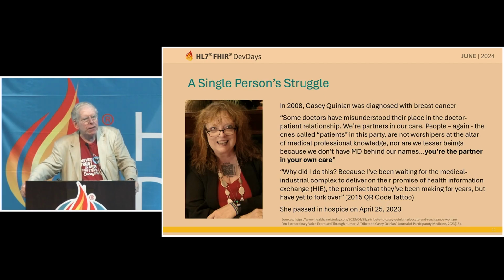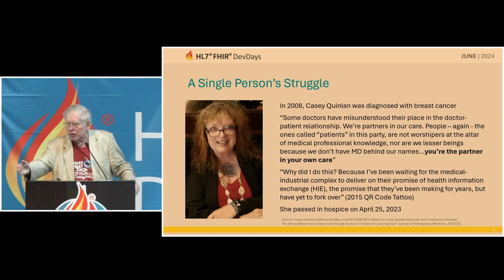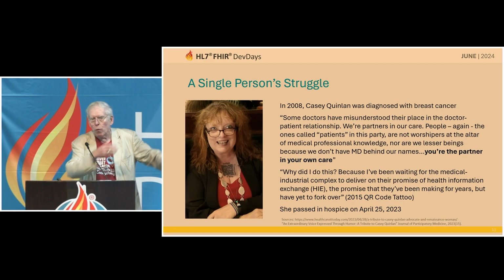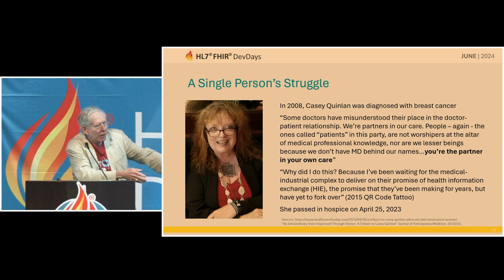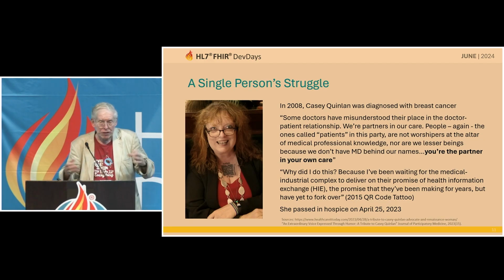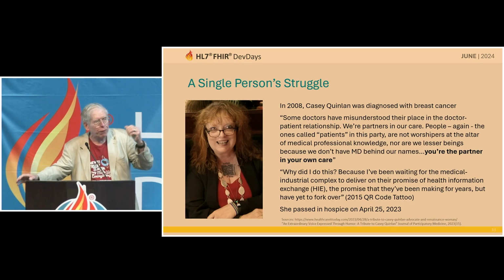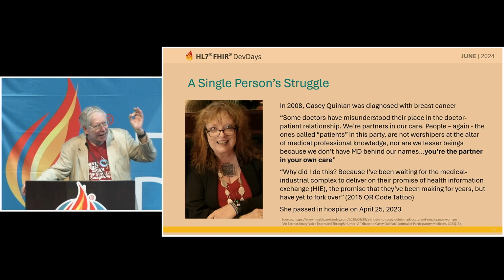And then she discovered that there was no way for the second hospital she went to to know what the first hospital knew. And she got mad, and this was just part of the process of her becoming a global activist.